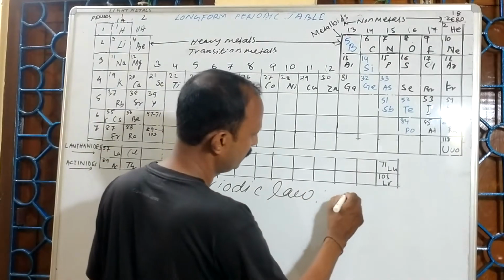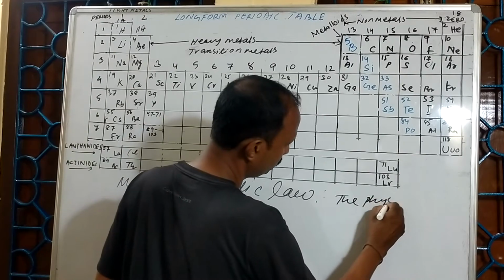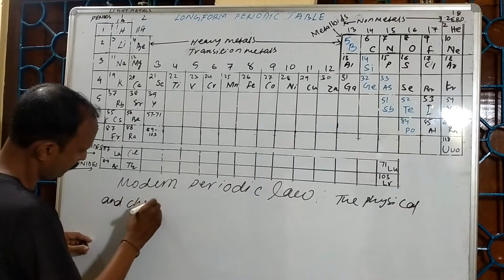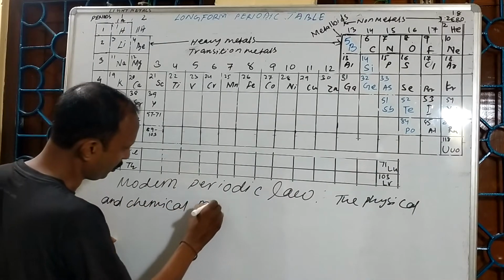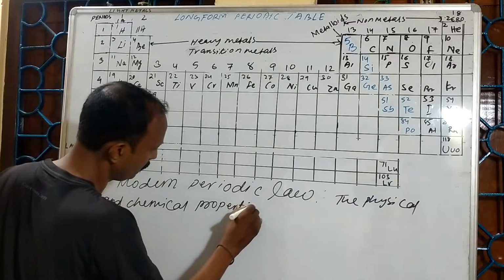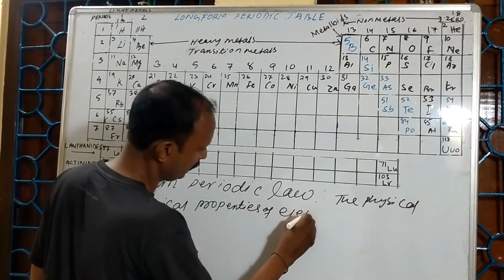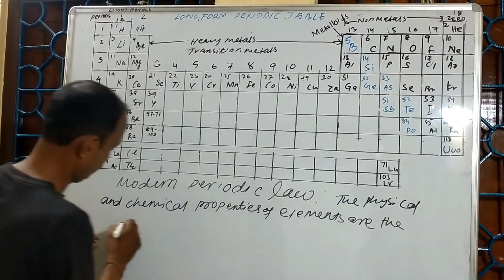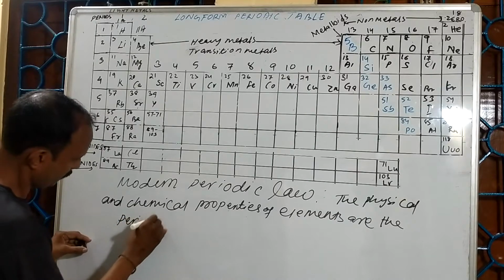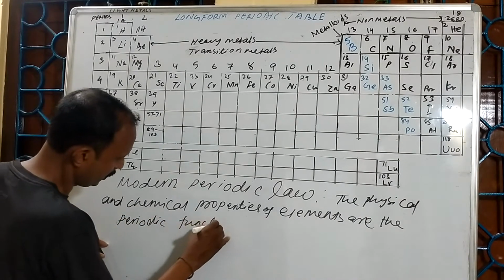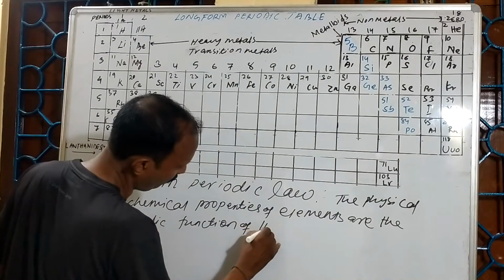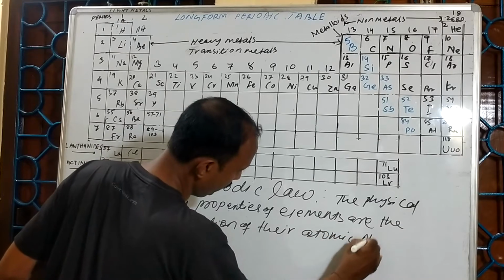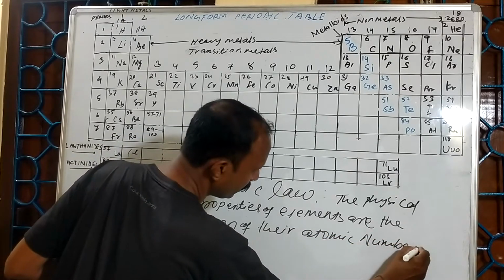The law is that the physical and chemical properties of elements are the periodic function of their atomic numbers.